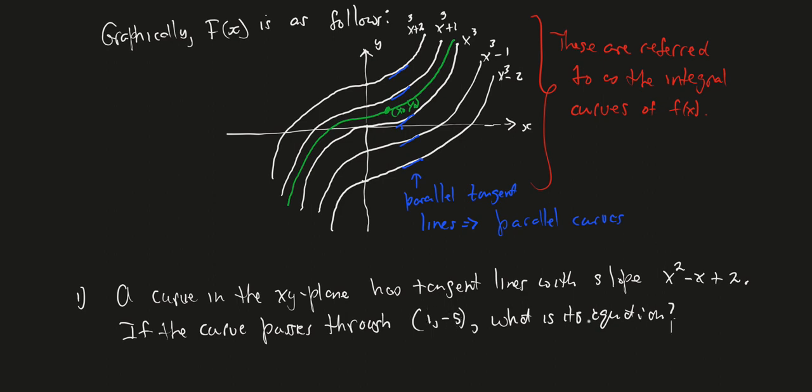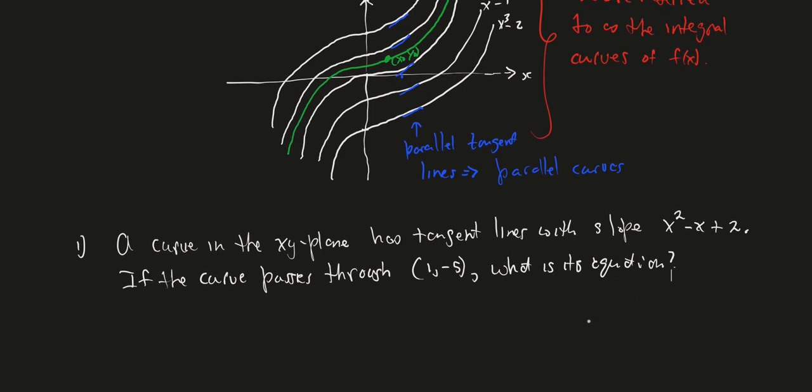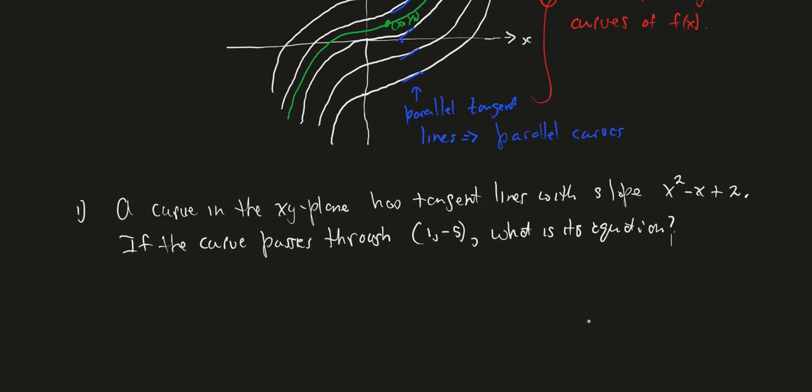We want to find its equation. Well, let's see how we can set this up in the context of antiderivatives. Because we know that the slope of the tangent line is the derivative, then what this is telling us is that this is the derivative of the curve.